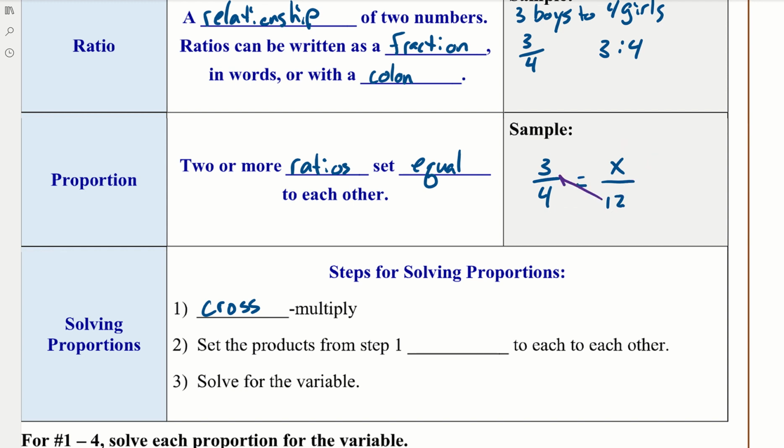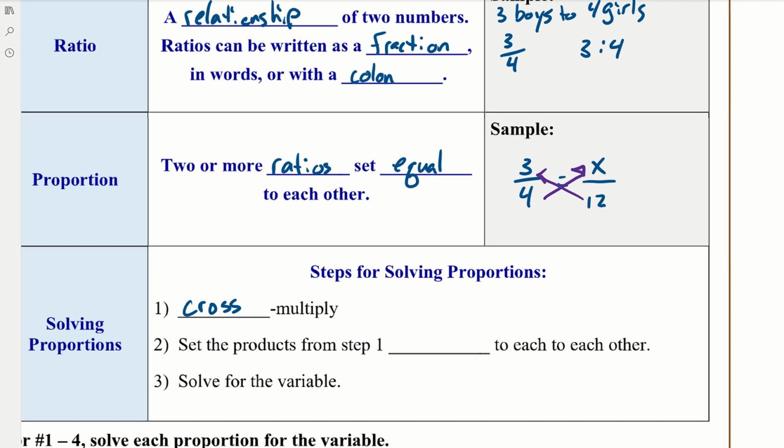I usually cross multiply and I show it with arrows. So in this example, it would be 3 times 12 is equal to 4 times x, okay?